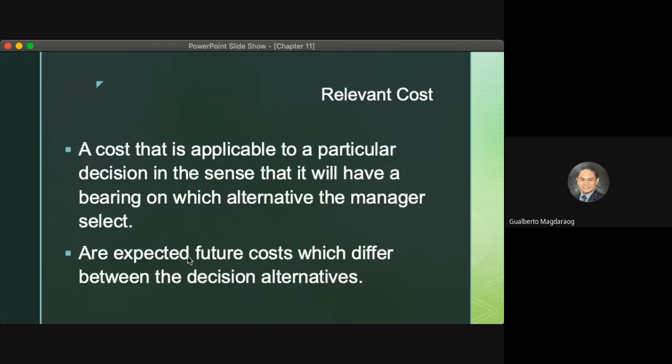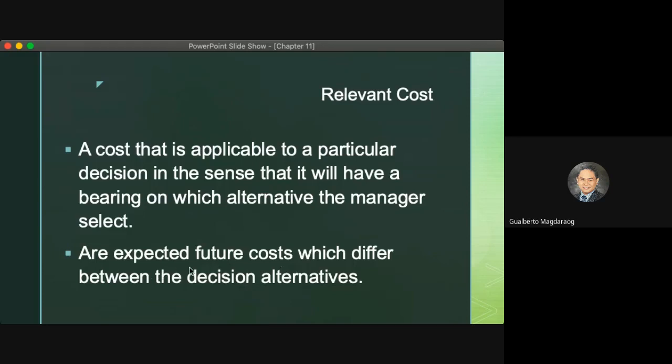Kung future lang siya, wala namang difference, hindi siya relevant cost. Kung may difference but not a future cost, which is, I'm not sure if it is possible, hindi rin siya magiging relevant cost. Paano magkakaroon ng difference pero hindi siya future, I don't know kung may ganong klaseng cost.